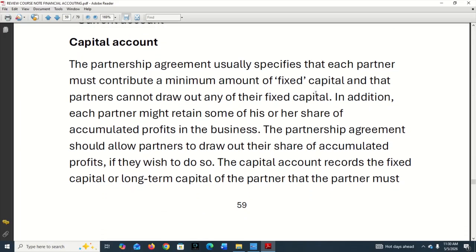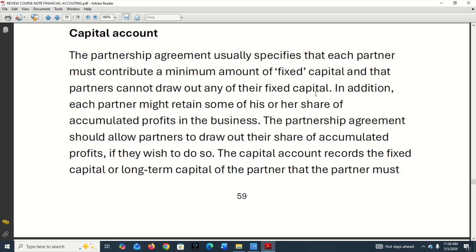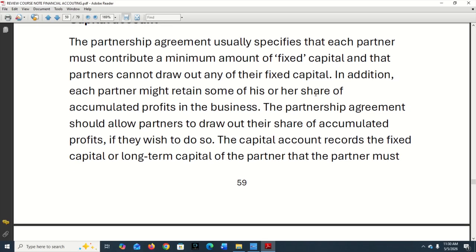Capital account. The partnership agreement usually specifies that each partner must contribute a minimum amount of fixed capital. That means they will say, okay, you will contribute so much, and it's fixed. That's what we call the capital account. Partners cannot draw out any of their fixed capital, so they can't withdraw from their capital account. In addition, each partner might retain some of his or her share of accumulated profit in the business.